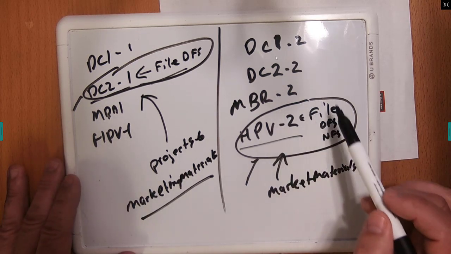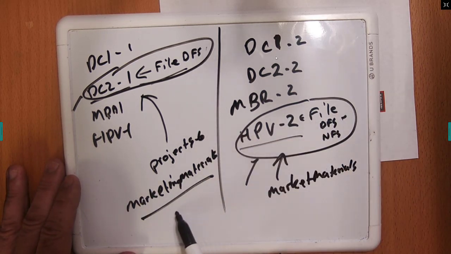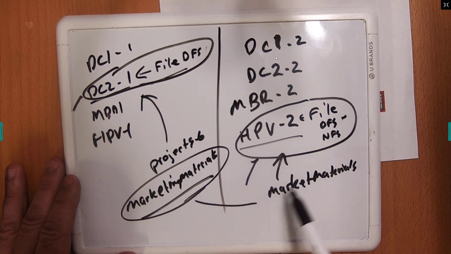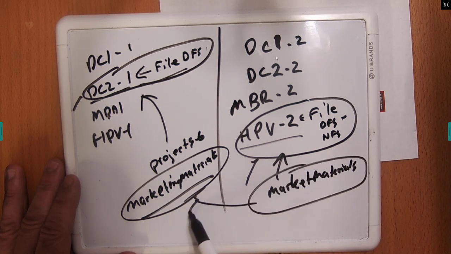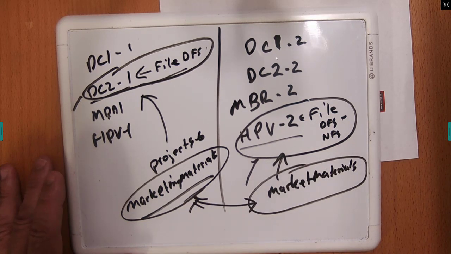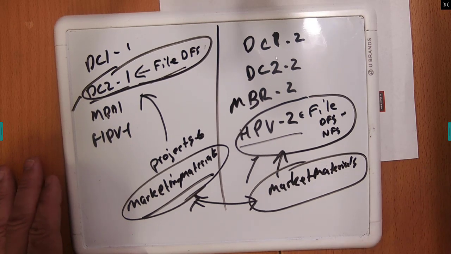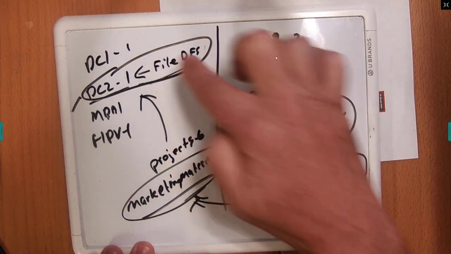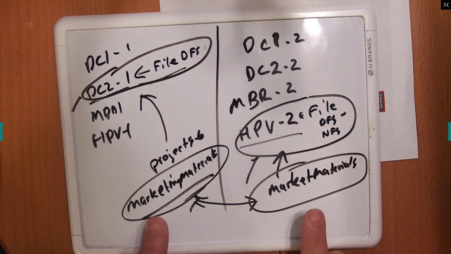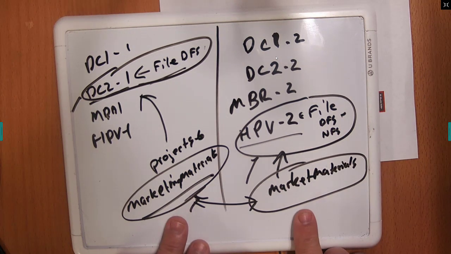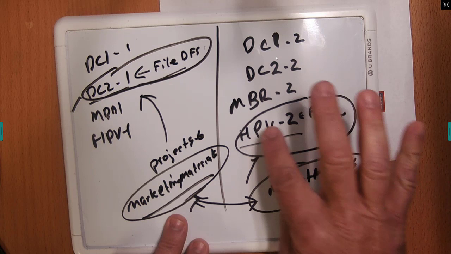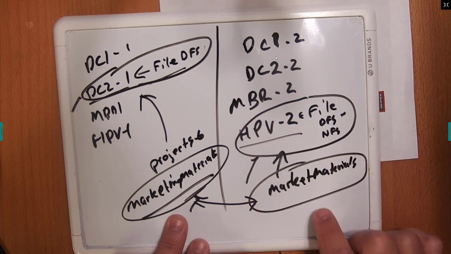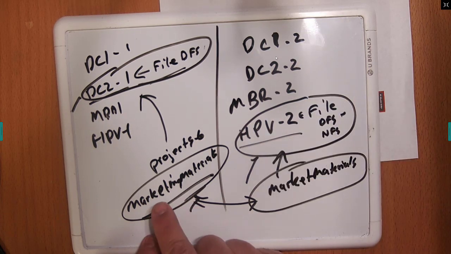So what we're going to do with DFS, right? We're going to use DFS, and we're going to tie these two folders together. That's the essential idea of what this particular lab is going to be all about: setting up a connection between these two boxes and connecting these two folders, so that if I come to HPV2 and make a change, it will show up on DC2-1.